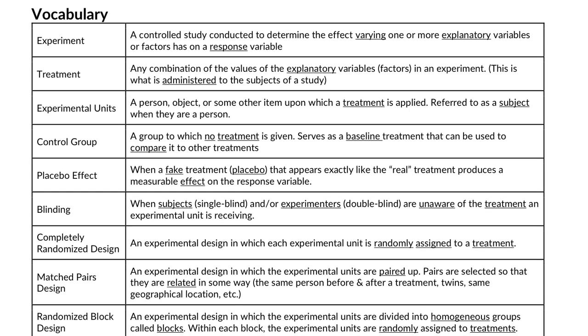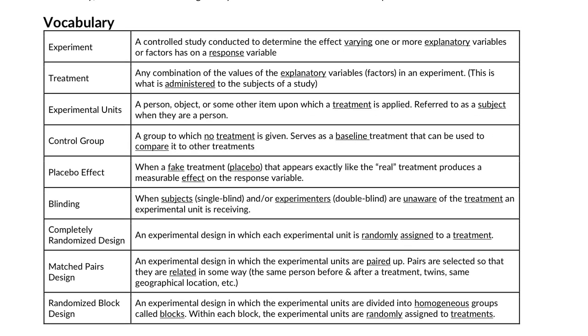Great. Okay, so some vocabulary, and I know I haven't really gone over a lot of these with you when we've done previous notes, but I am today. Remember, when we're talking about an experiment, we're having to do some manipulation to the study and vary levels or types of the explanatory variable to see if it has an effect on the response variable. This is a good one to make sure you understand.